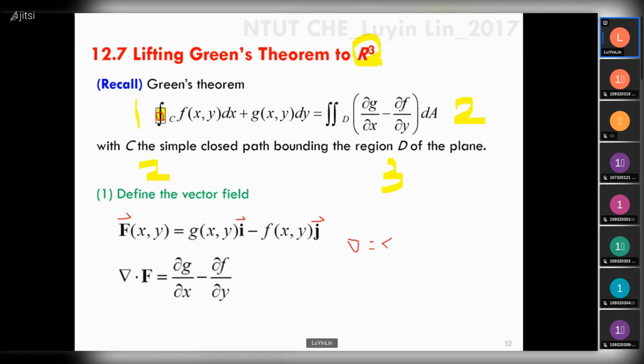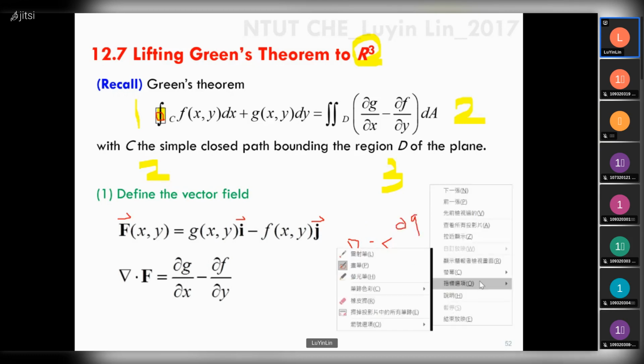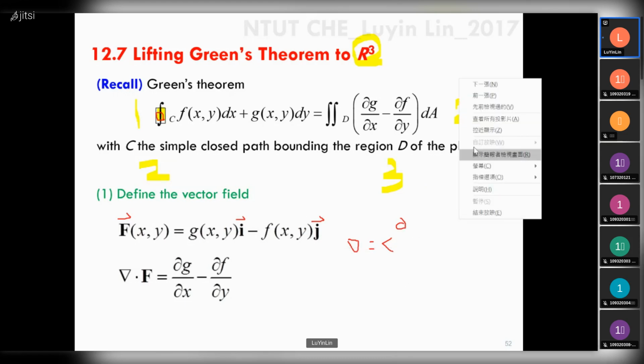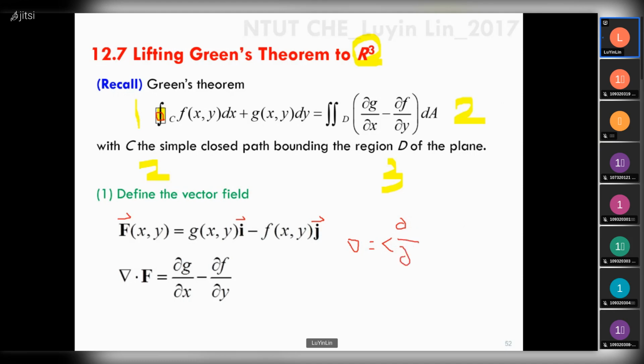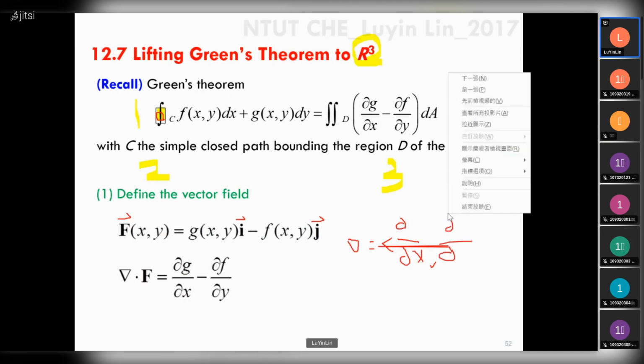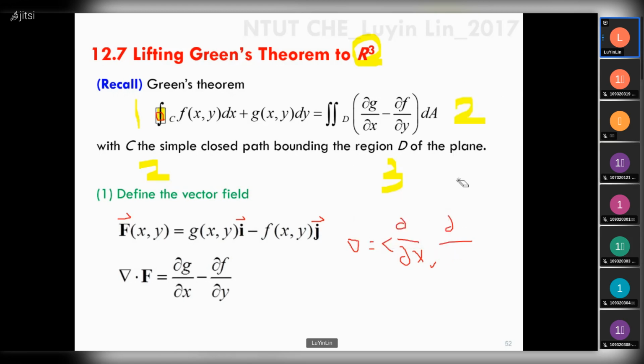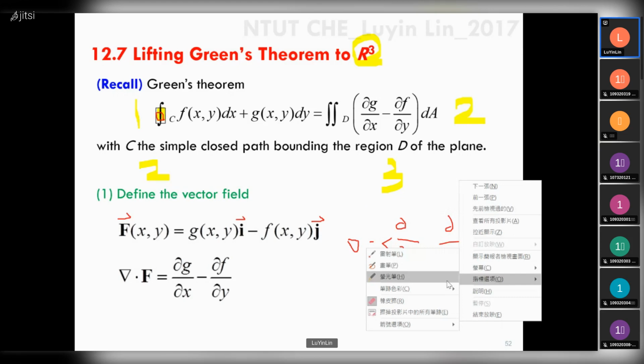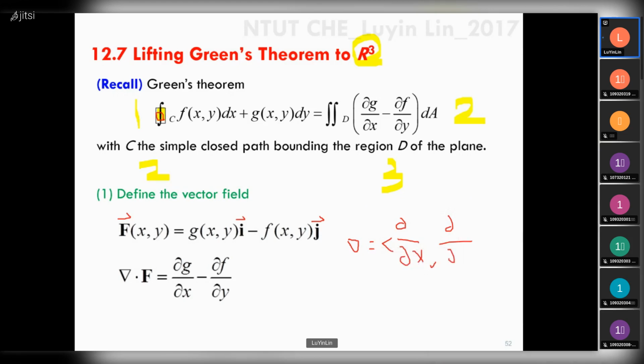this one is a vector. It is partial, sorry, it is partial x, partial y, if it is in two-dimensional space. Partial x, partial y.